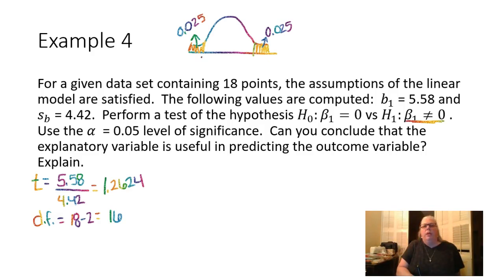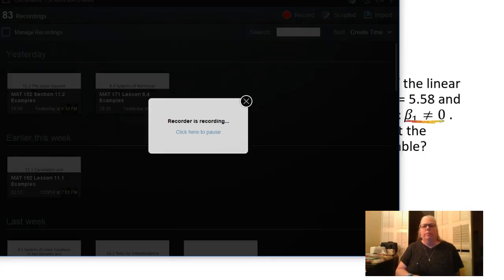Okay, so we are looking for this number right here and this number right here to compare my test statistic to. All right, we're going to be on line 16 and column 0.025. So let's bring up table A3.